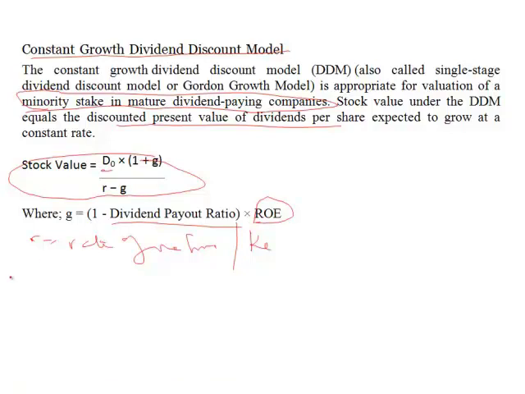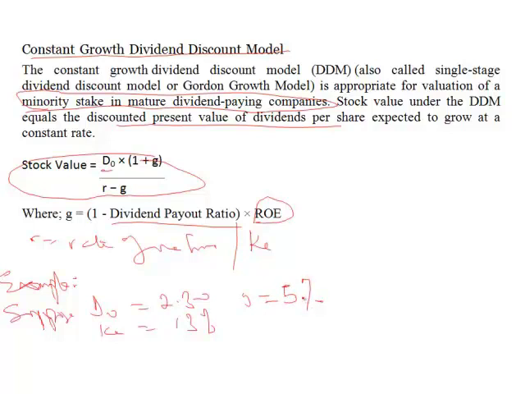Now, for example, suppose the dividend paid is equal to what? 2 naira 30 kobo, and the cost of capital is 13%, with a growth of 5% per annum.